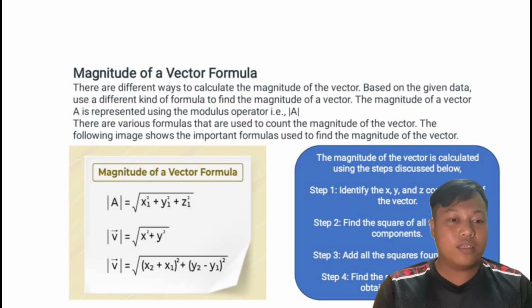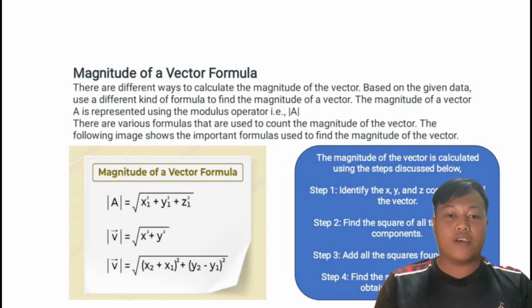A equals square root of x1 power 2 plus y1 power 2 plus z1 power 2. Vector V equals square root of x power 2 plus y power 2. Vector V equals square root of x2 minus x1 power 2 plus y2 minus y1 power 2.